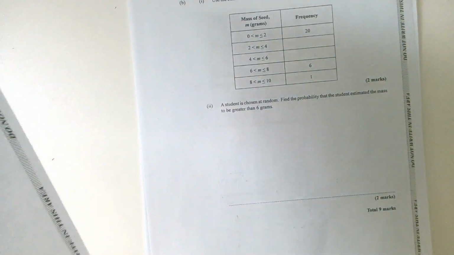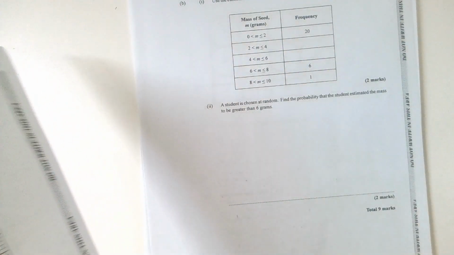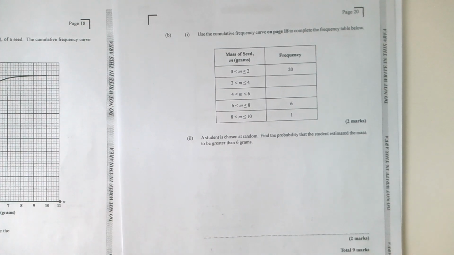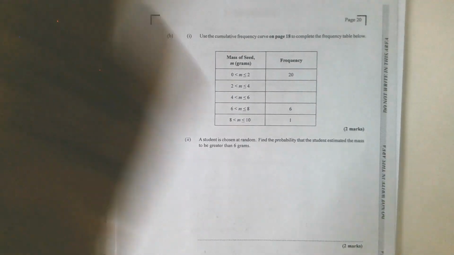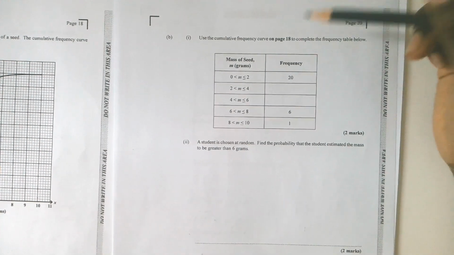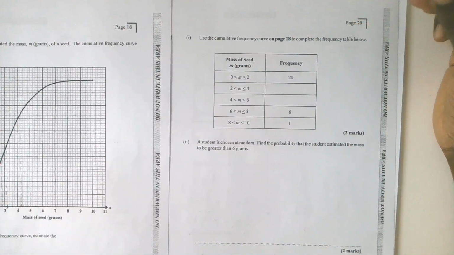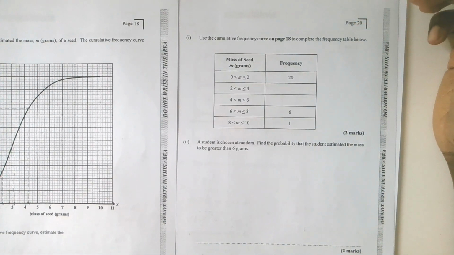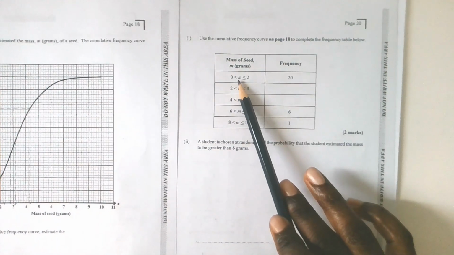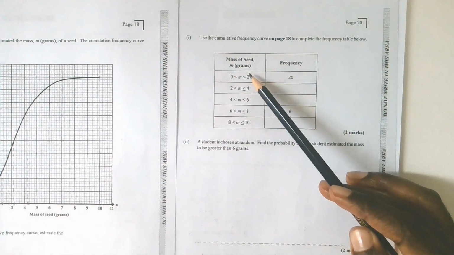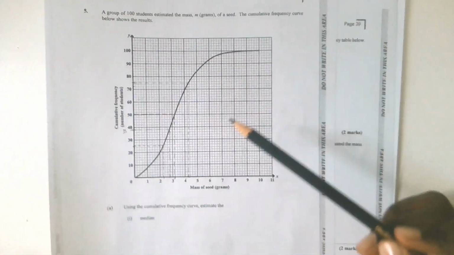And then finally, we're asked to use the cumulative frequency curve on page 18 to complete the frequency table below. Okay, so we have 0 when our mass of seed is greater than 0, but less than or equal to 2.